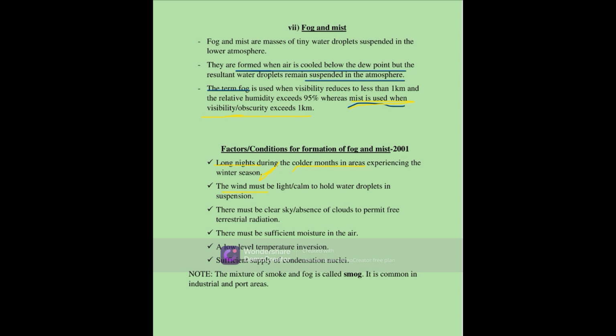The other thing is there must be clear sky, or absence of clouds, of course, to permit free terrestrial radiation. The other one is there must be sufficient moisture in the air.